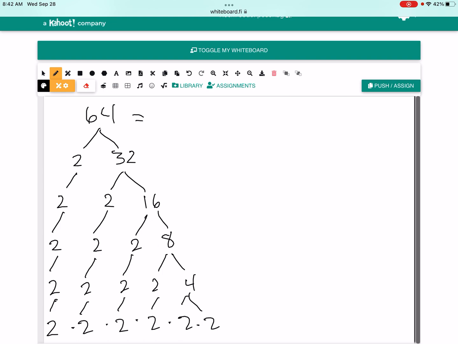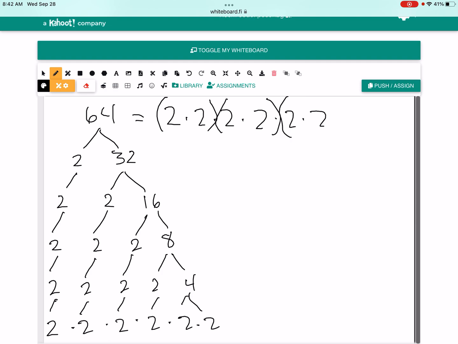So if we rewrite this, 64 is the product of six 2's in a row. Now, we said before that 64 is a perfect square of 8 times 8. It is also a perfect cube of 4.